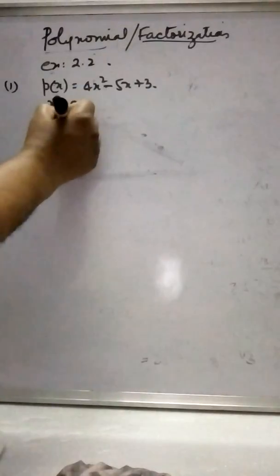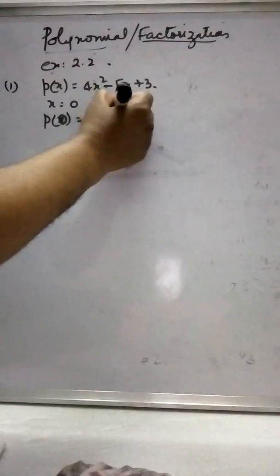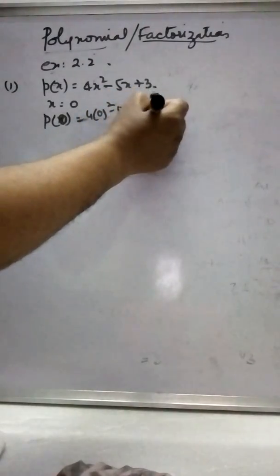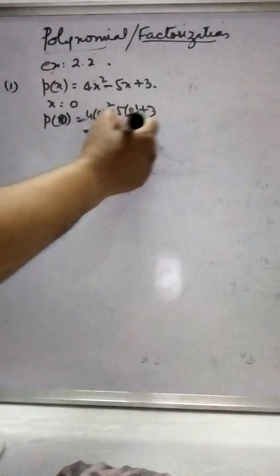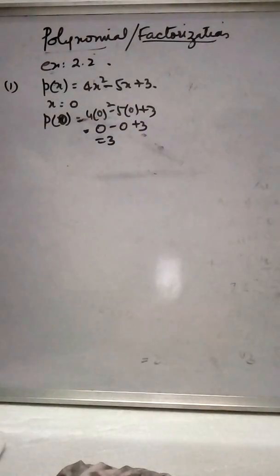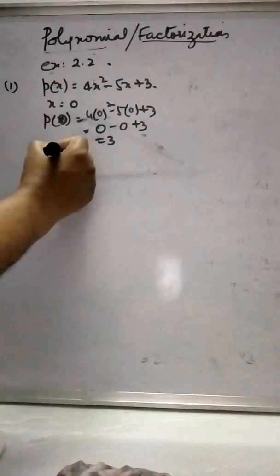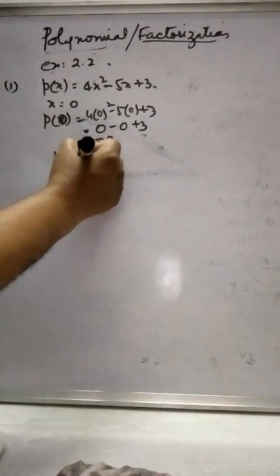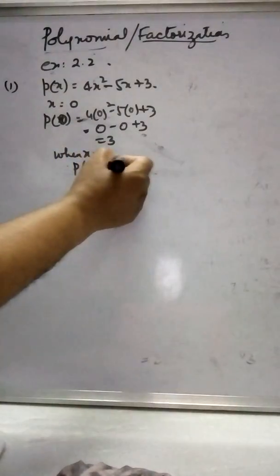So p of 0 is equals to 4 into 0 square minus 5 into 0 plus 3. So 0 into any number is 0 minus 0 plus 3. So the answer is 3. So when x is equals to 0, p of x is equals to 3.